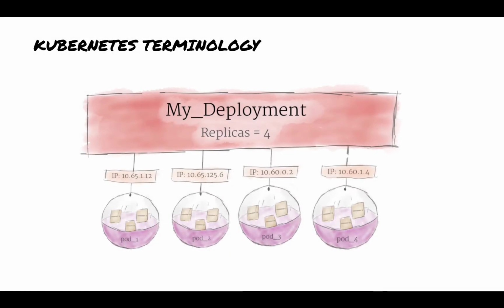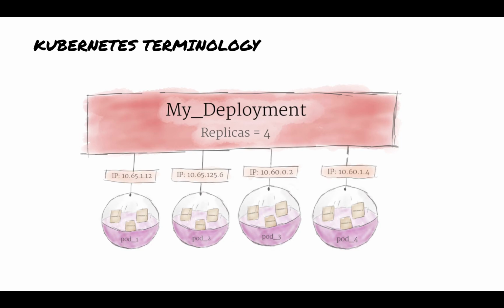Now we'll discuss some jargon which we use in the Kubernetes world. As we discussed earlier, in Kubernetes, when we deploy a particular service, we call it the deployment. The deployment comprises the number of instances of the service which we deploy.